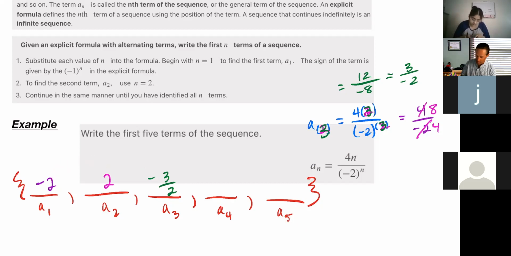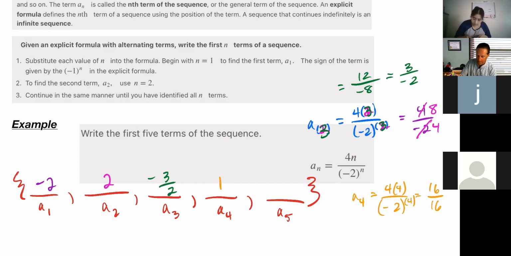All right, so I'm going to go ahead and put in a 4 here, which is going to give me 16. 16, very good. And then my negative 2 in parentheses raised to the 4th, which would be positive 16, which obviously is a 1.